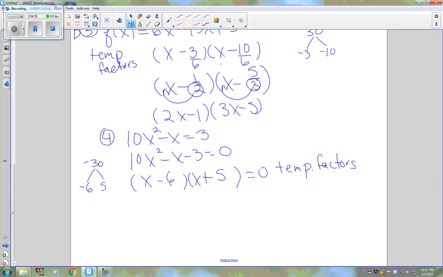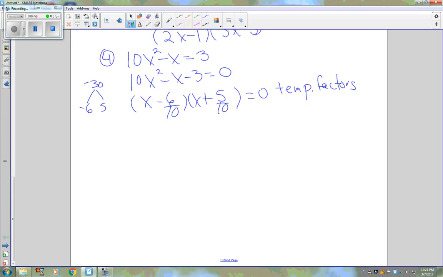Now divide by that leading coefficient of 10. Reduce. 2 will go into 6 3 times, 2 will go into 10 5 times, and 5 over 10 reduces to 1/2.